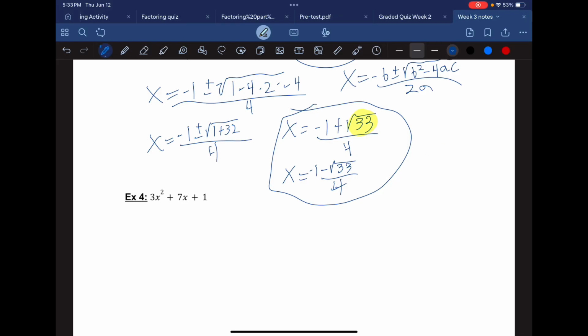Square root of what, like 8? Yeah, square root of 8. Because square root of 8 is just the square root of 2 times 2 times 2. And the square root of 2 times 2 is 2, because that's the square root of 4 times 2, and then root 2.